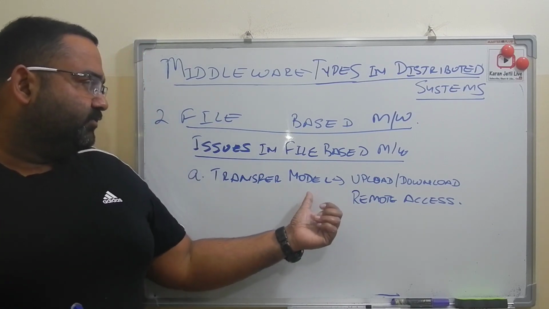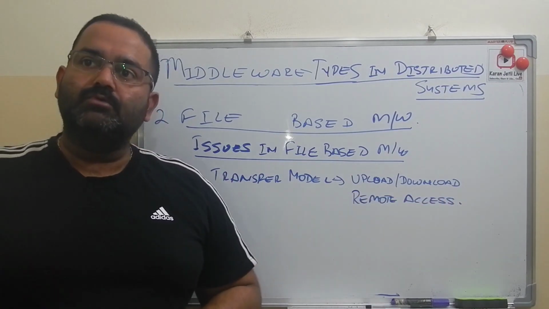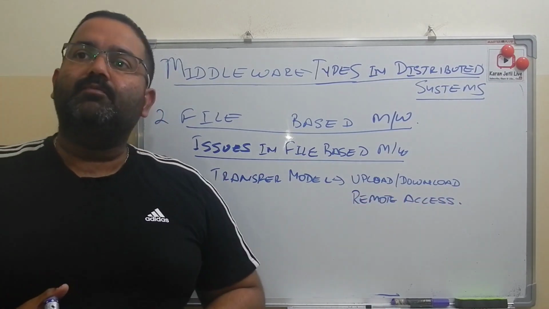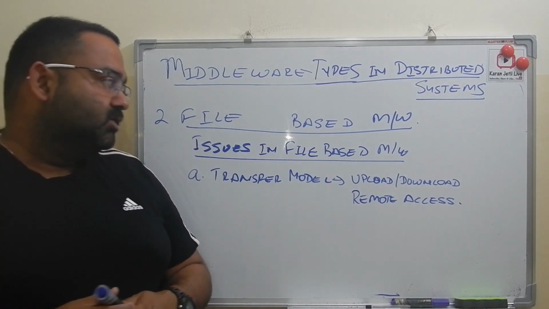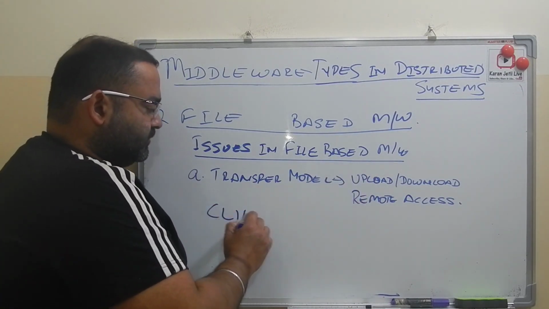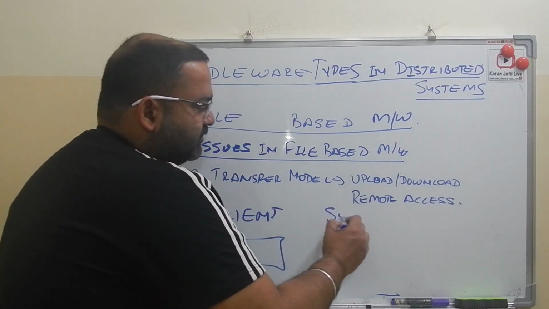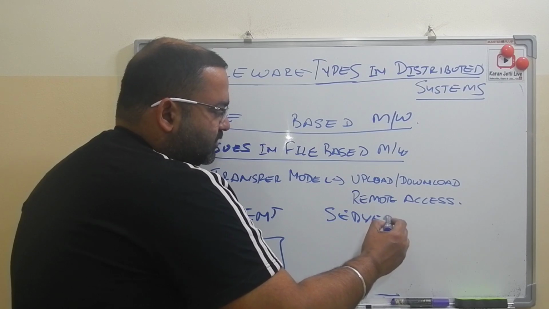In the file transfer model we have two other models. We call them the upload download model and the remote access model. So guys, in the upload download model, we have a client machine and we have a server.